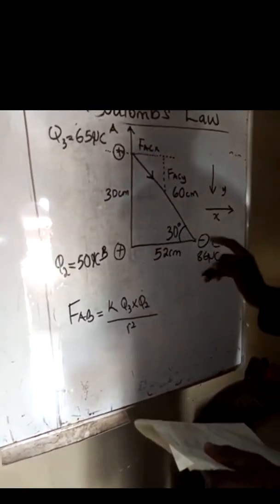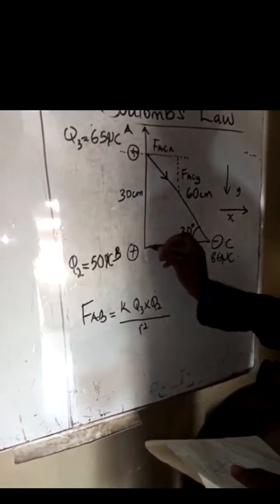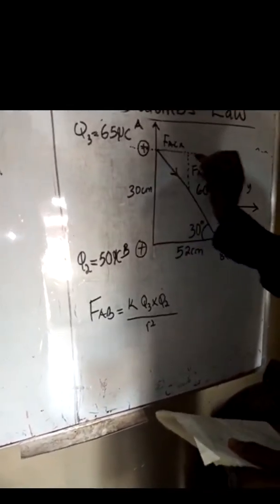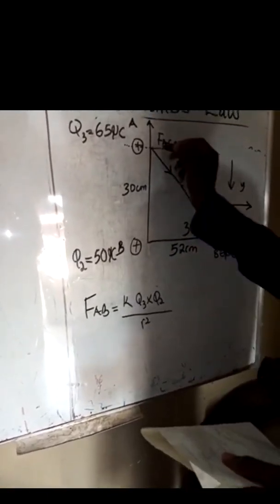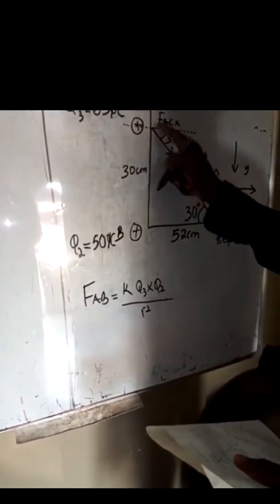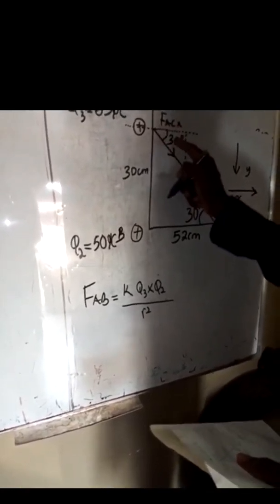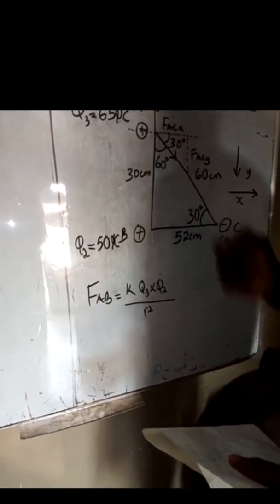All those things we are going to be in need of, that's why I'm drawing them. So this one now, it is an isosceles angle, when you have this side equal to this side. So this 30 will be equal to 30 degrees. So if this is angle 90, when you subtract 30 from 90, you are going to have 60. So there will be 60.